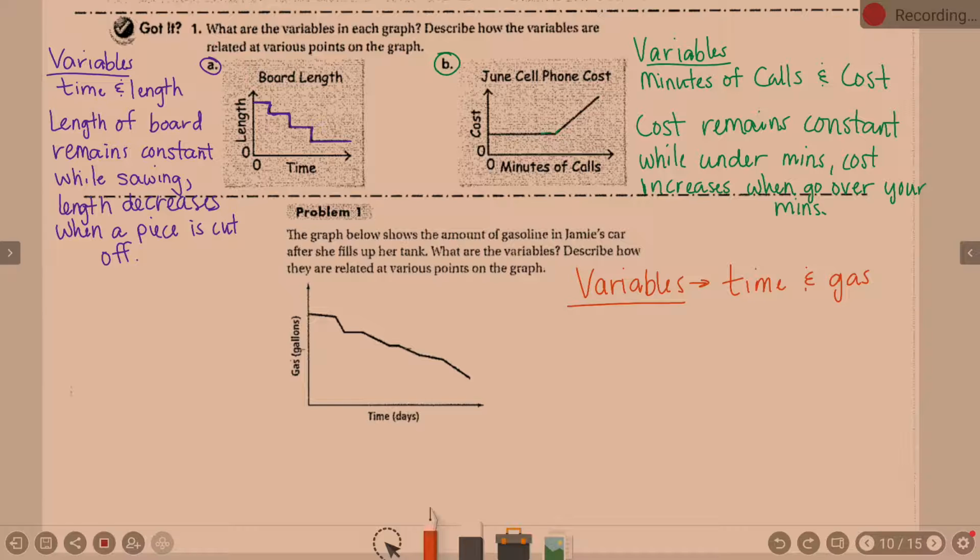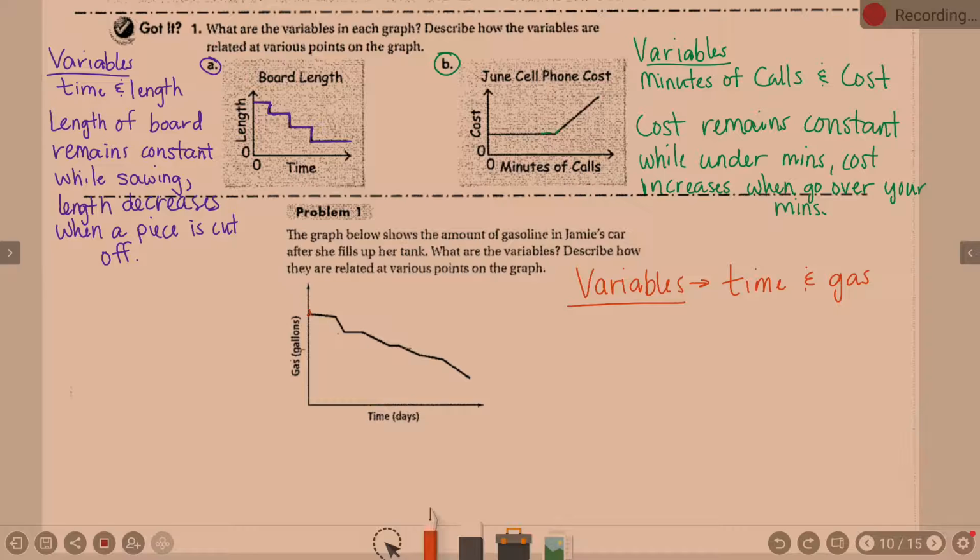Okay, so right here, that's where she fills up, right? She fills up on day 0 or day 1. Yeah, and then she goes to work. That costs some gas throughout the week. And so if you look right here, she maybe didn't drive much, did she? No. But then all of a sudden she drives a bunch. She went on vacation. Okay.